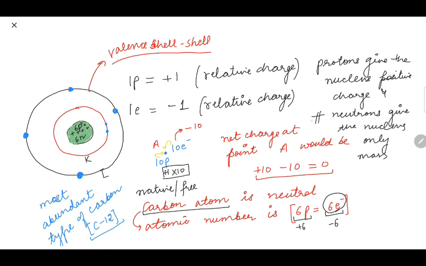Neutrons are responsible for giving mass to the nucleus, and protons are responsible for giving both charge as well as mass. So protons give everything to the nucleus.